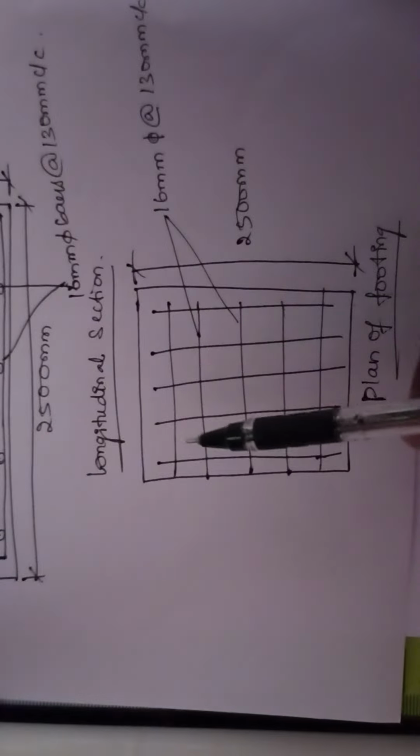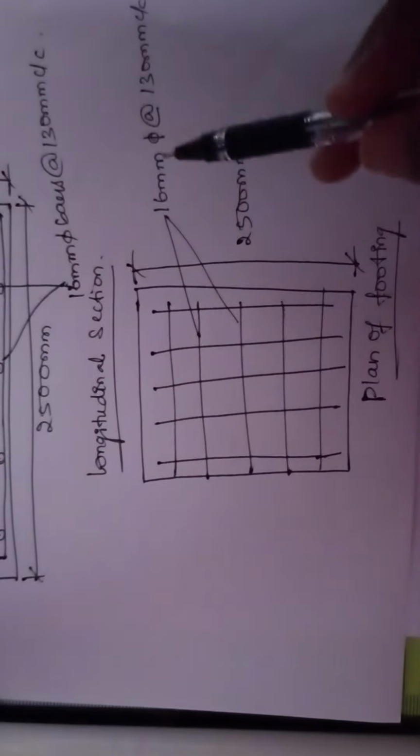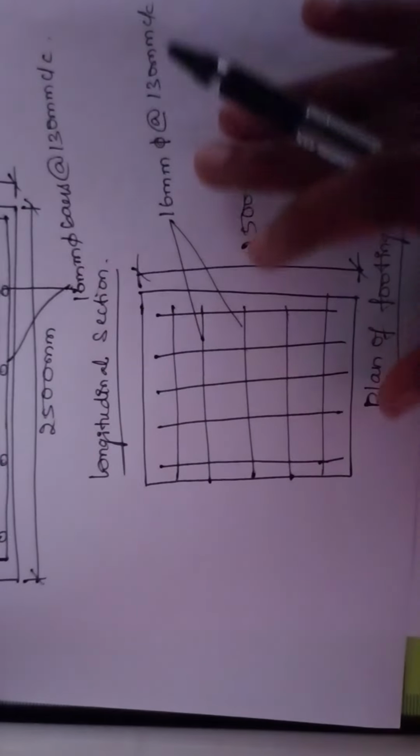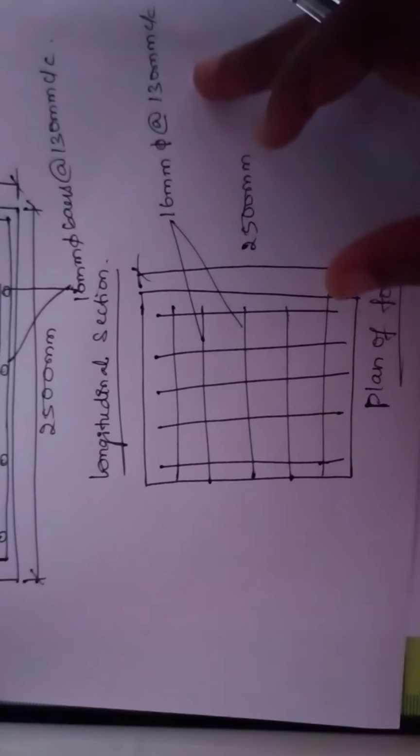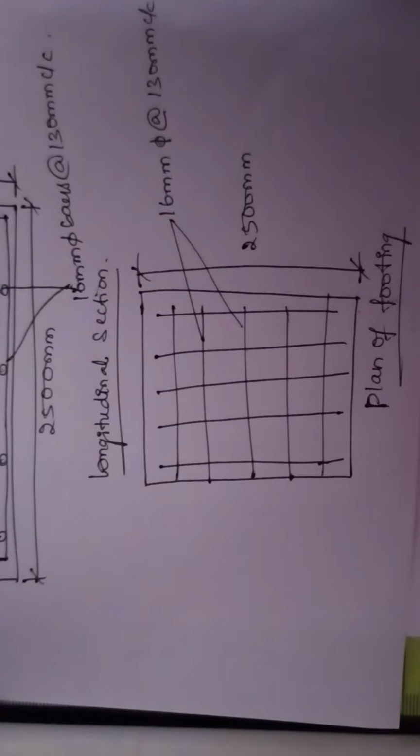For that purpose I am drawing 4 or 5 vertical lines and the remaining horizontal lines. In both the horizontal and vertical directions, the bars we are using are 16 mm dia, and the spacing we are keeping is 130 mm center to center. So that gives you the plan of the footing, and that completes the design of the square footing.